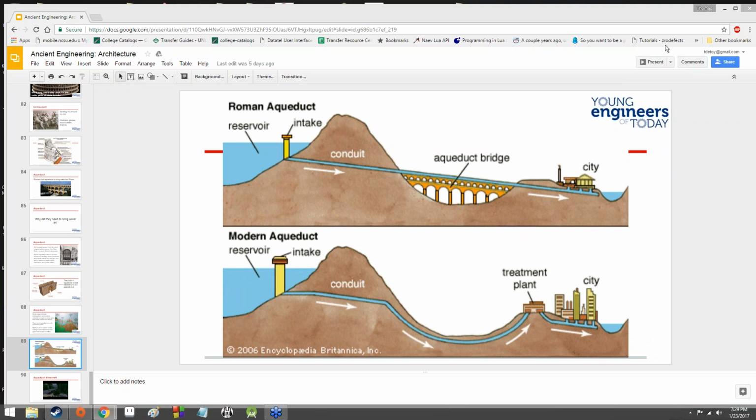Let me do one more pass to see if I can find that ancient architecture weaponry one. I've been looking for it, but I haven't had any luck. But I might have just missed it.